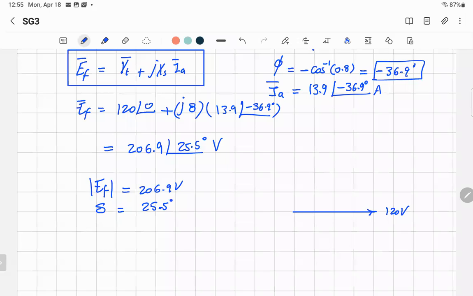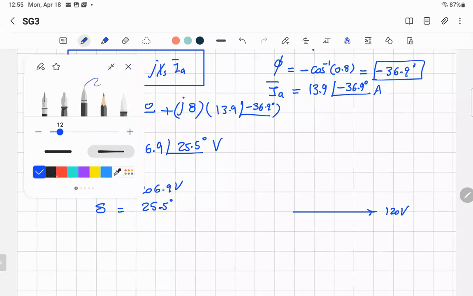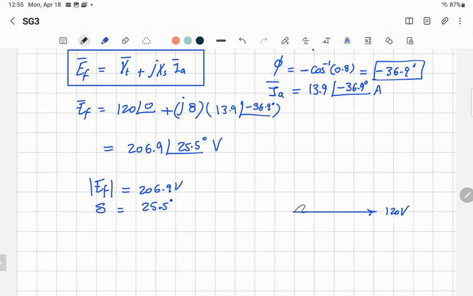And the current is given at angle negative 36.9. So let's say this is the current, equal to 13.9 amps, and the angle is 36.9, negative.